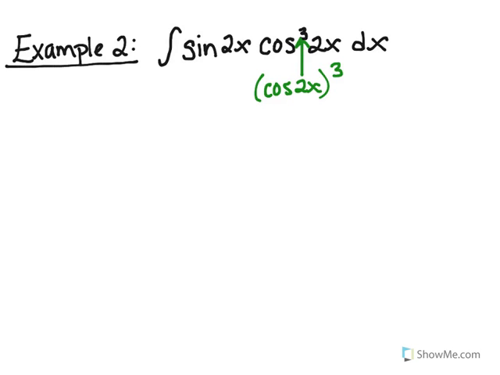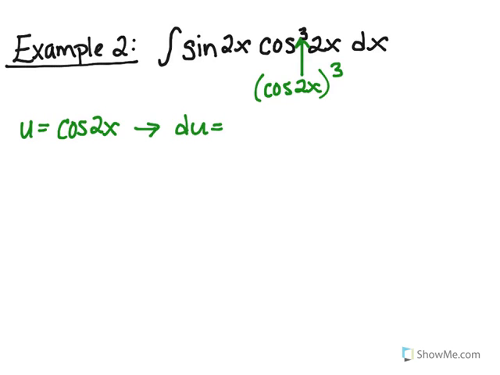Well, I don't want to write out cosine 2x times cosine 2x times cosine 2x, so I'm going to make that my u. So we're going to let u equal cosine of 2x, and then that term will become u cubed instead of cosine 2x cubed. We have to come up with the derivative of that, du.